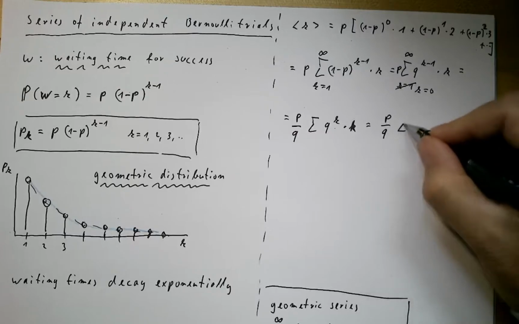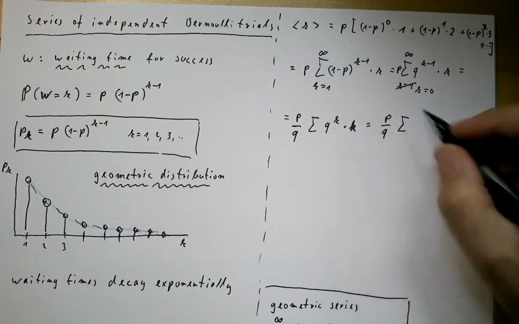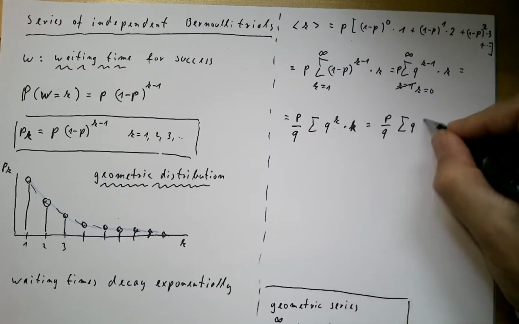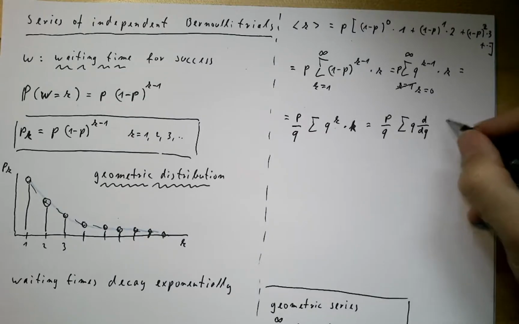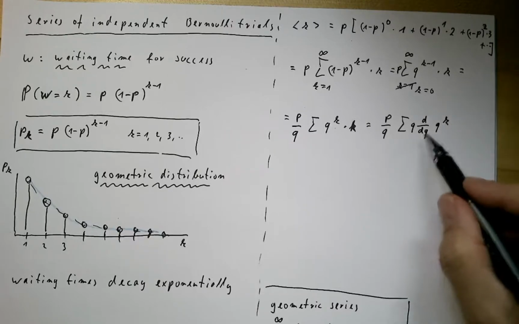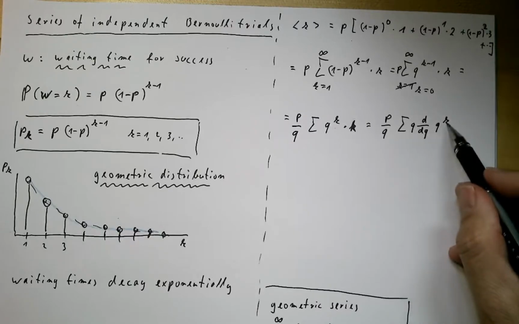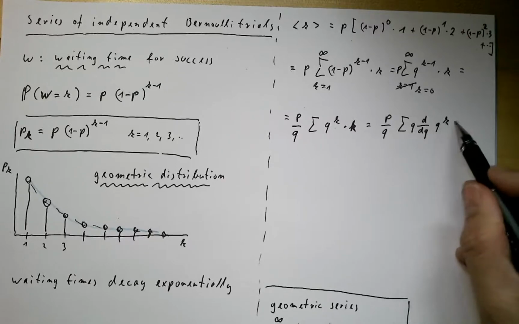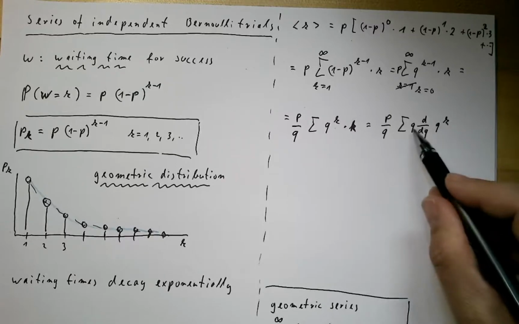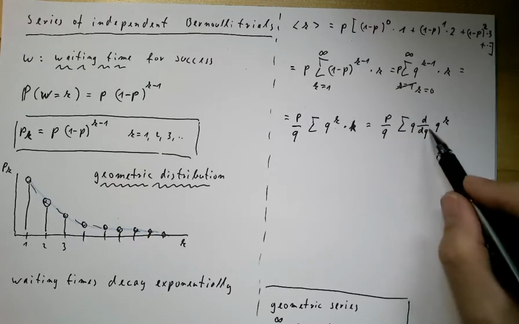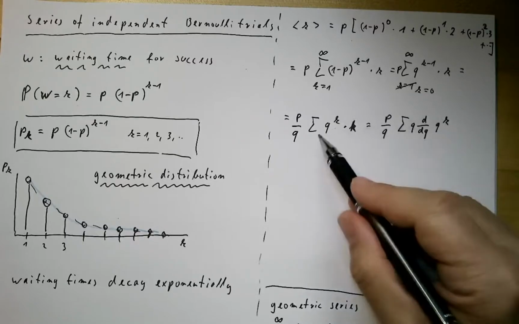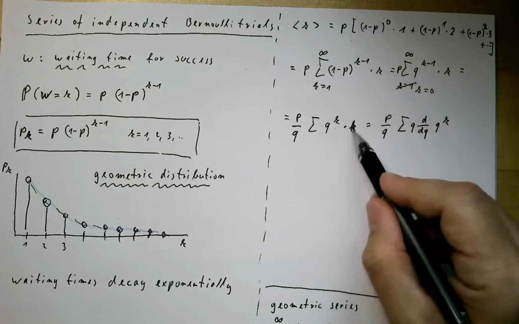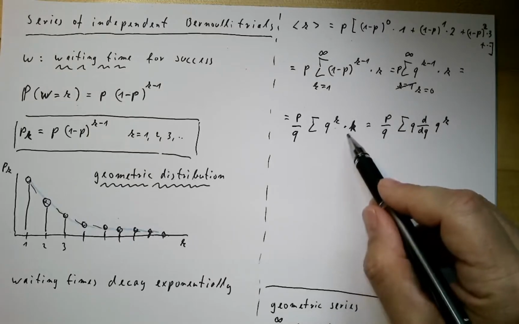And now in the sum we can write this as q times d over dq of q to the power k. If we take the derivative, we get k times q to the k minus 1. Then we multiply with q again, and we get k times q to the power k. So in this way we have rewritten this term, and this factor k is gone.